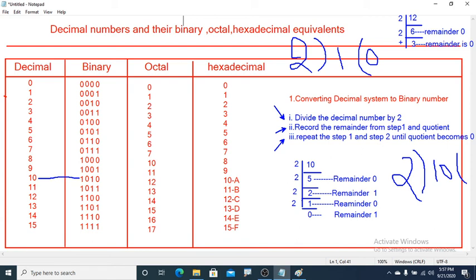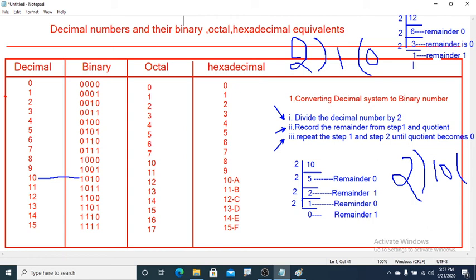Now again I am going to repeat step 1 and step 2 until the quotient becomes 0. Okay? So again I am taking 2 here, dividing the decimal number 3 by 2. So what is the decimal number here now? 3. So again I am dividing, 2 ones are 2. So what is the remainder now? Remainder is 1. Again, until the quotient becomes 0, we have to repeat the steps, right?